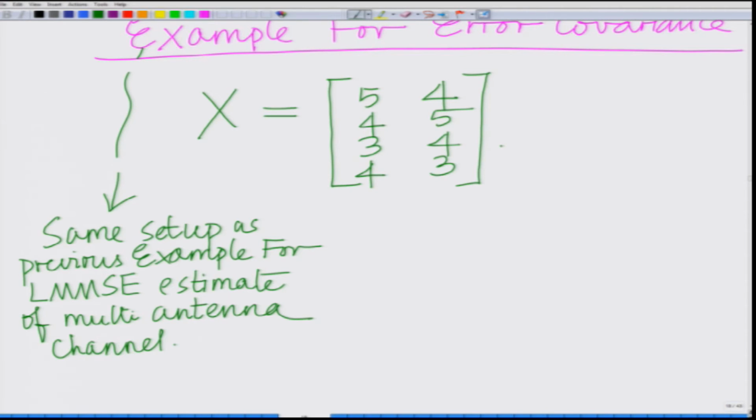So this is your pilot matrix, this is the pilot matrix, okay.